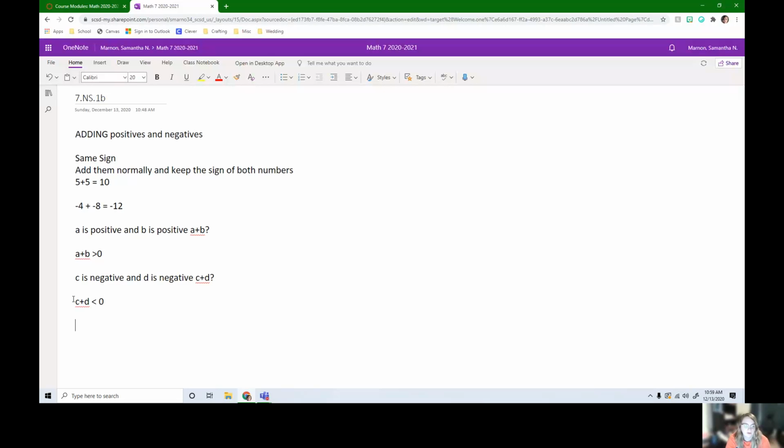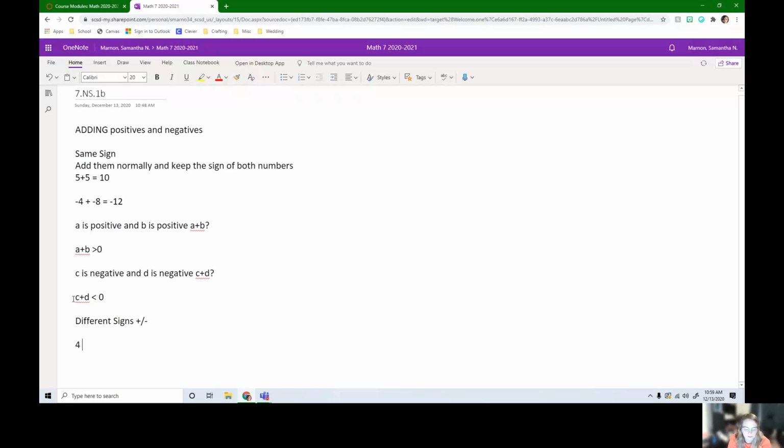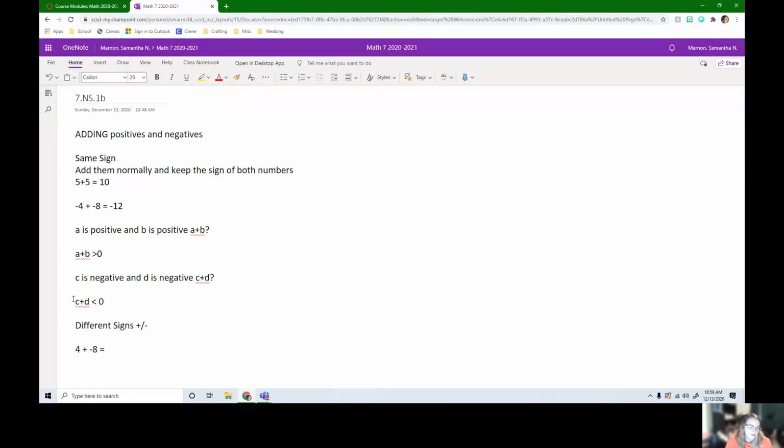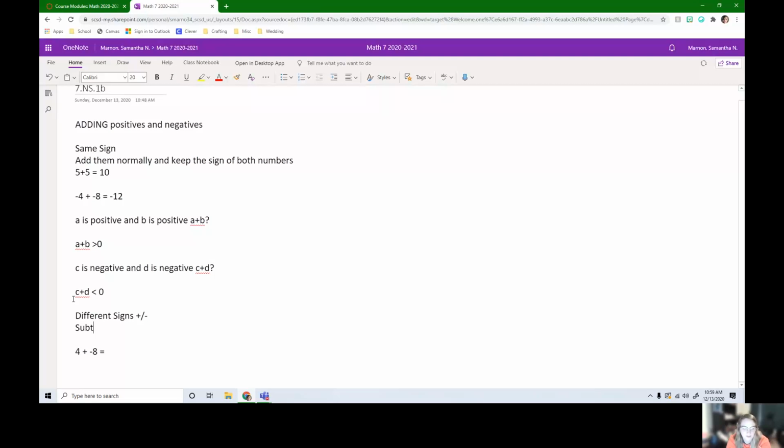Let's talk now about different signs. When we're talking signs, we're talking about, is it positive or is it negative? If I'm adding, let's say 4 plus -8, we actually end up subtracting. So you're going to do 8 minus 4. When they're all positive, we call those the absolute values.